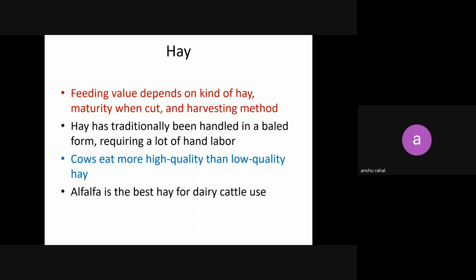First the crop is cut, then dried in the sun in order to reduce its moisture content for keeping them in storage to be fed during the lean feeding period when no other fodders are available. And usually the cows eat more high quality than low quality hay. Alfalfa is the best hay for dairy cattle.